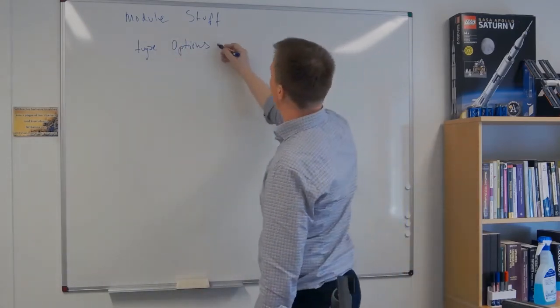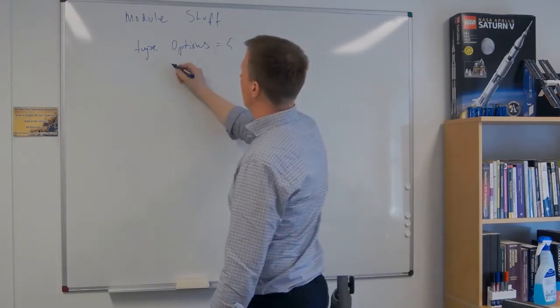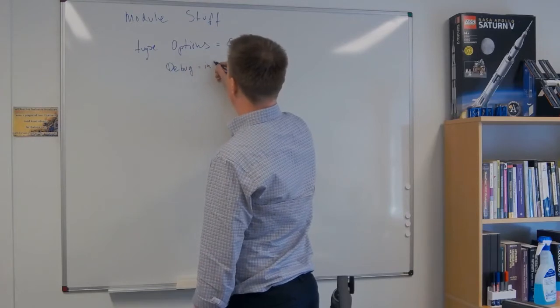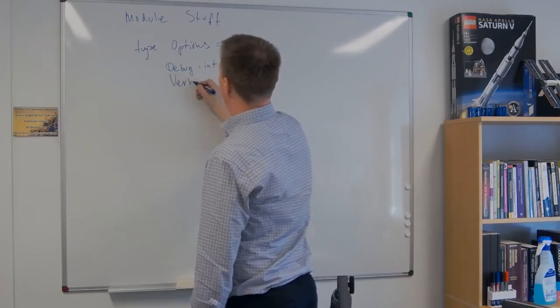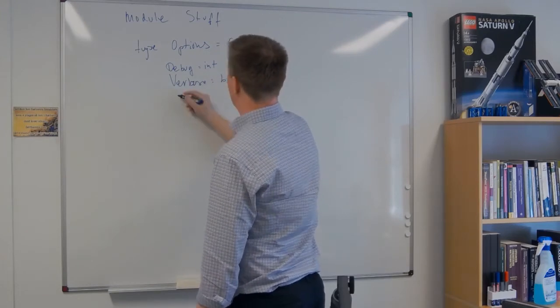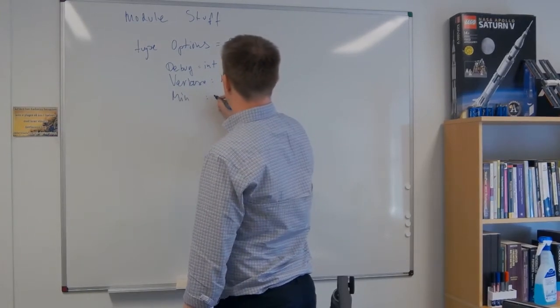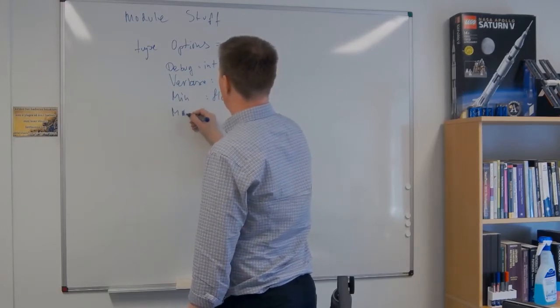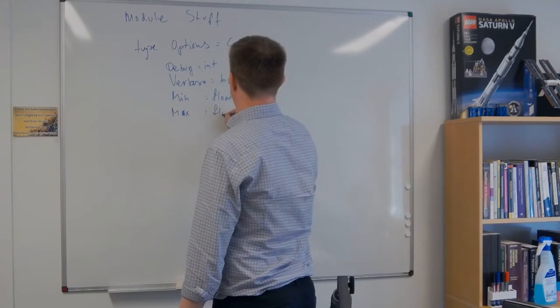This is options, and that's a record type, and it contains members like, for example, debug, which is an int, verbose, which might be a bool, maybe some min, which might be a float, max, float, who knows?